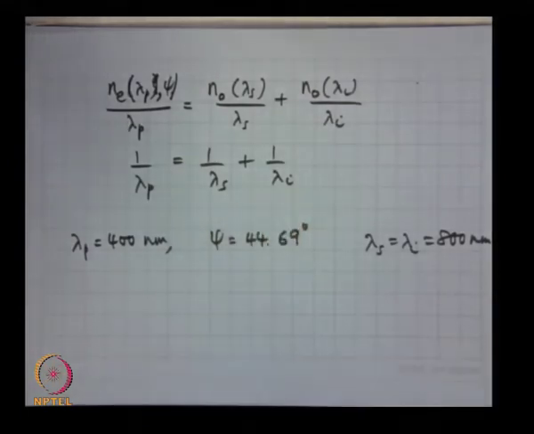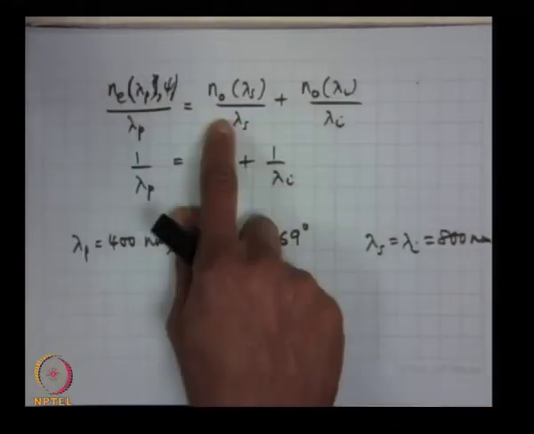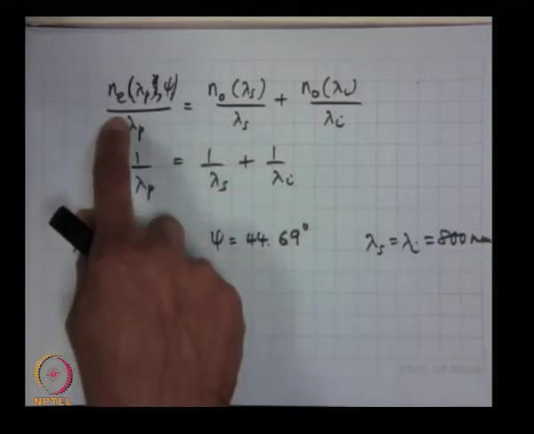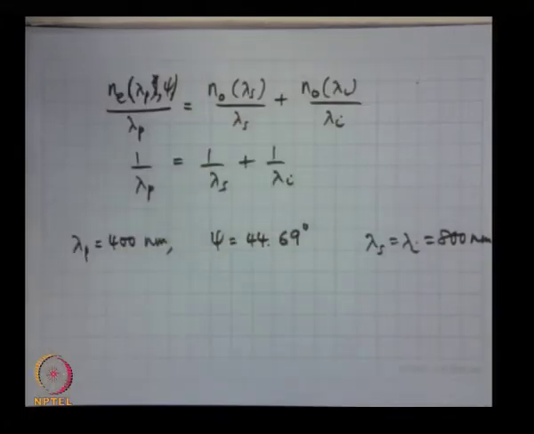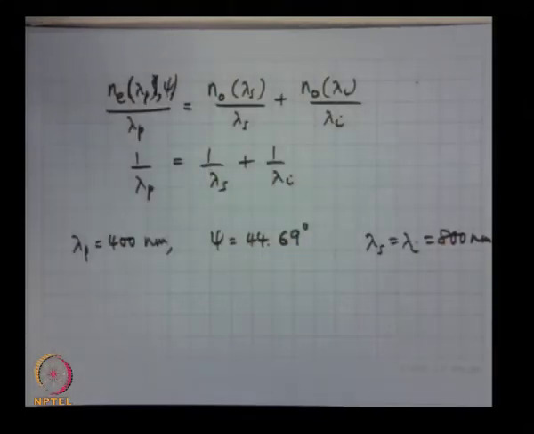So if I change my angle, I need to resolve these two sets of equations, for which I need to know how NO varies with wavelength and how NE varies with wavelength from the Sellmeier equations, and I solve these two equations simultaneously and get the new pair of wavelengths lambda s, lambda I. So what I did was, I took some arbitrary angle.